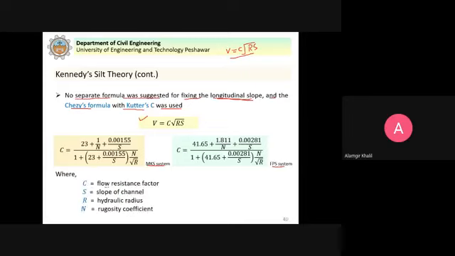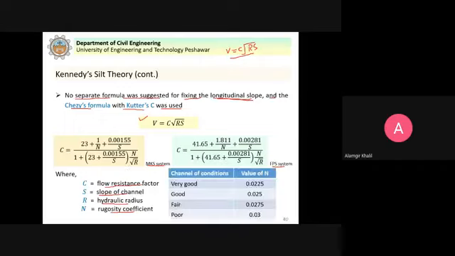where C is the flow resistance factor, S is the longitudinal slope of the channel, R is the hydraulic radius or hydraulic mean depth, and N is known as the rugosity coefficient. This is the roughness coefficient, known in irrigation books as the rugosity coefficient.